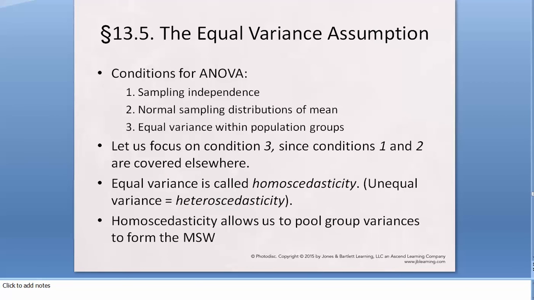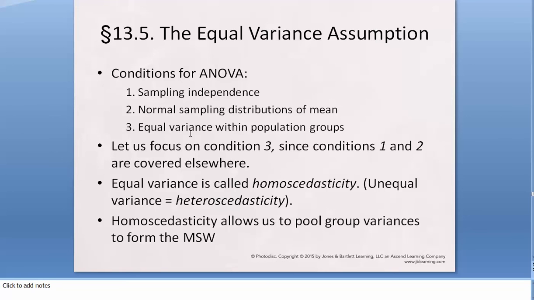Now, the assumptions that we talked about: for ANOVA to work well, you need to have independent observations. If you take the heart rates, the patient observations should be independent from each other, and the observations in all three groups should be normal.